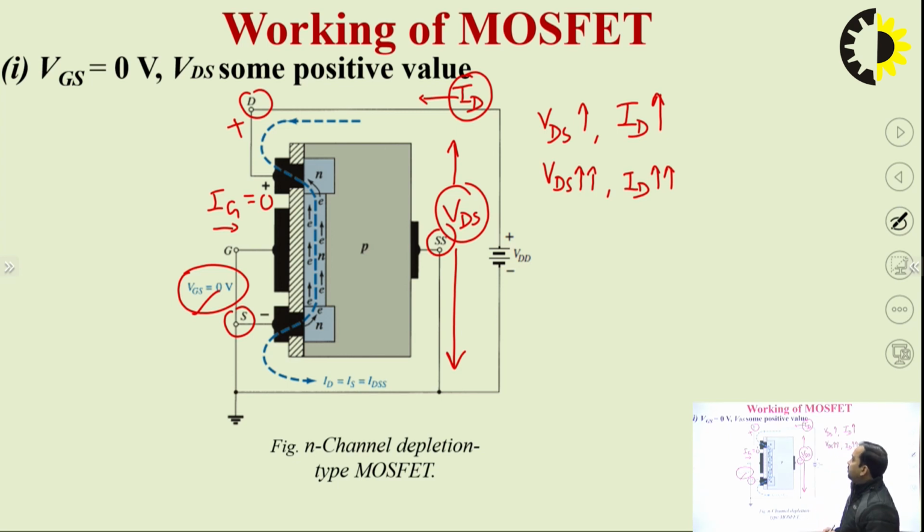Similarly, we have the characteristic between ID and VGS. This is referred to as transfer characteristics because we have taken one variable from the second port and one variable from the first port.